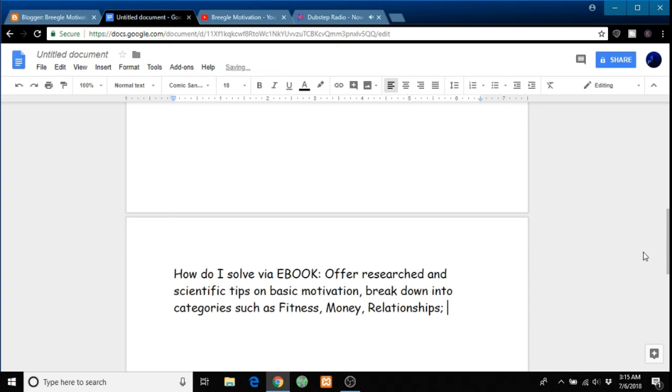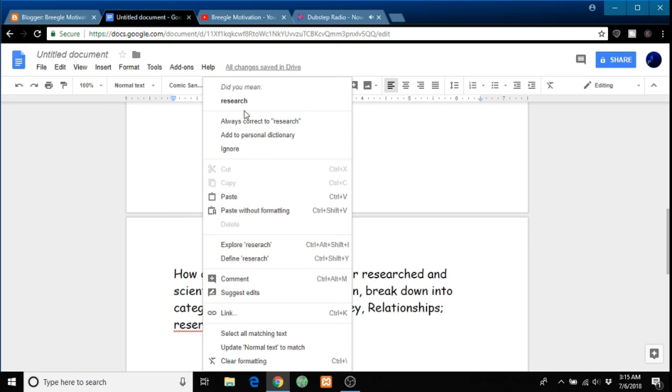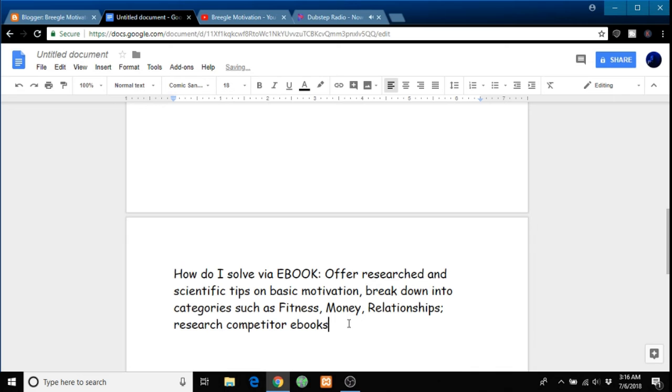Then what you want to do, after you figure out the topics within your ebook, is research competitor ebooks, and I spelled research very wrong here. There we go. Competitor ebooks, and see what they offer.